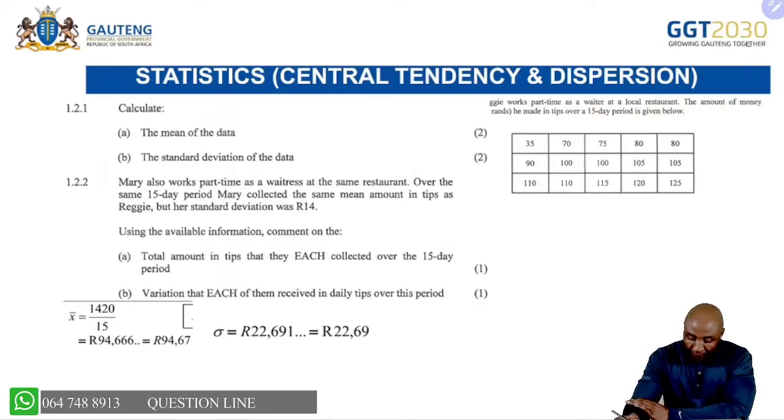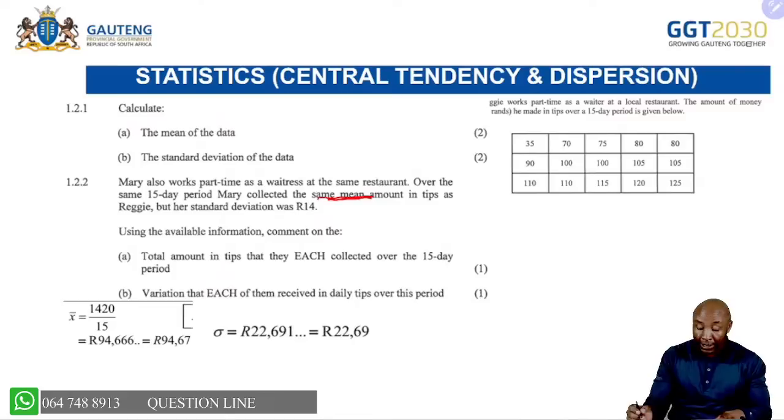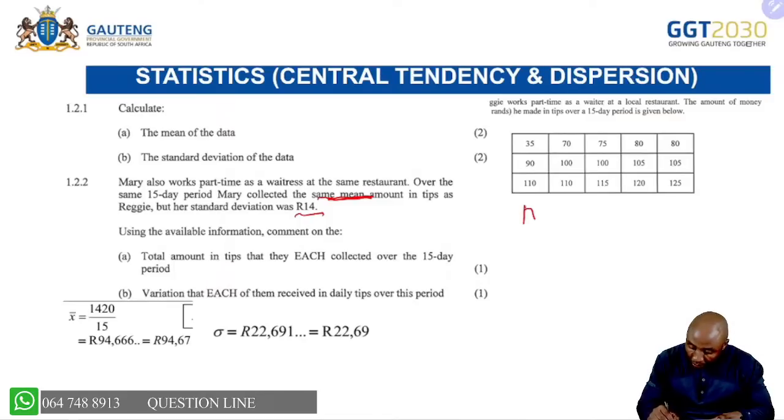But her standard deviation was 14 Rand. Mary collected the same mean amount in tips as Reggie, but her standard deviation was 14 Rand. Remember, we have calculated. So for you to answer this question, you have Mary, you also have Reggie on the other side.